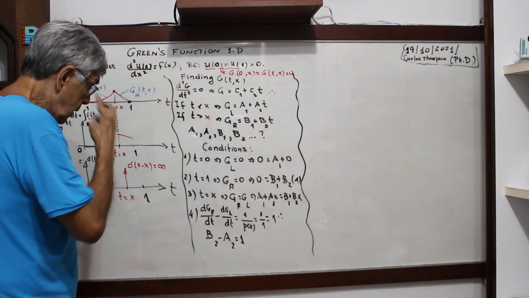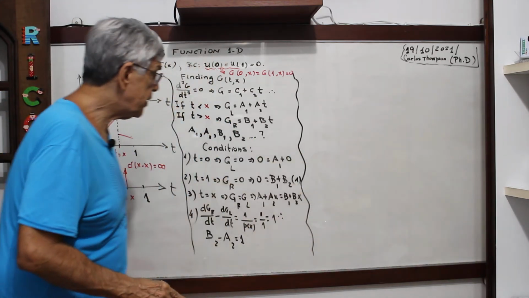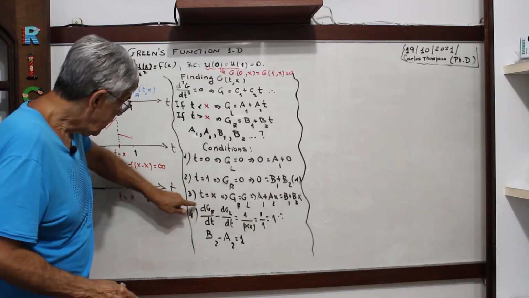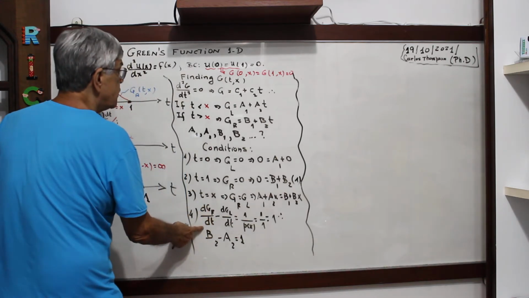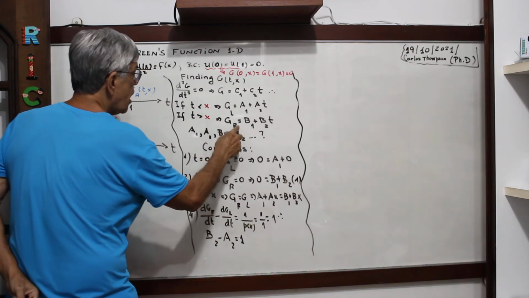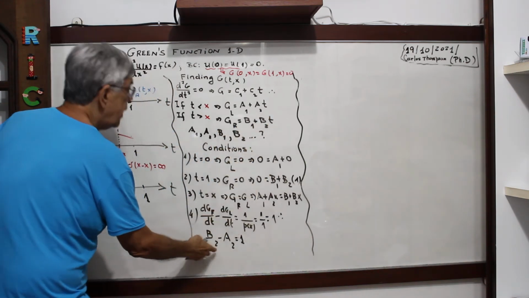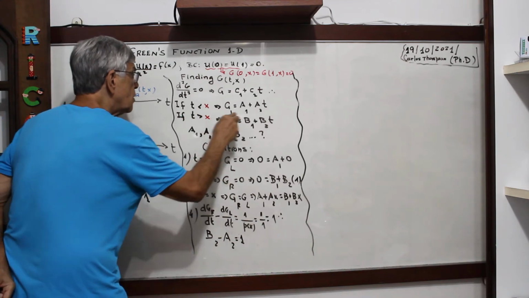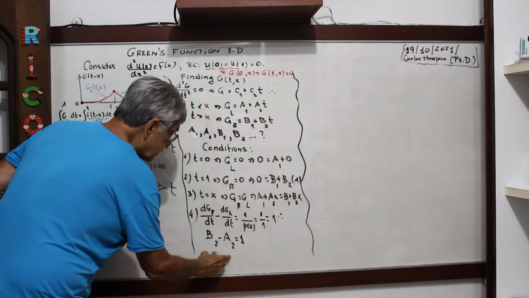The fourth condition, I just erased it there, is the derivative. The derivative of GR with respect to t is B2, and the derivative of GL with respect to t is A2. So this is a difference.